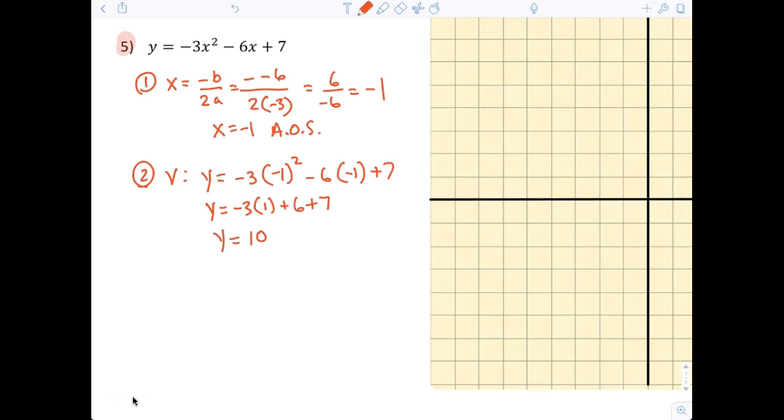So now I have -1 comma 10. So I agree with that? Any questions? And now what? The y-intercept. 0, 7.